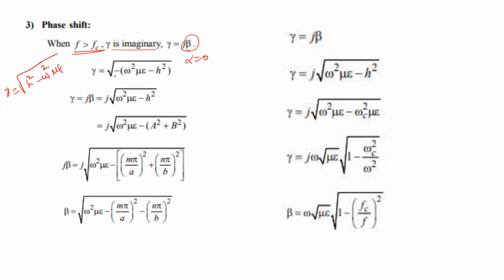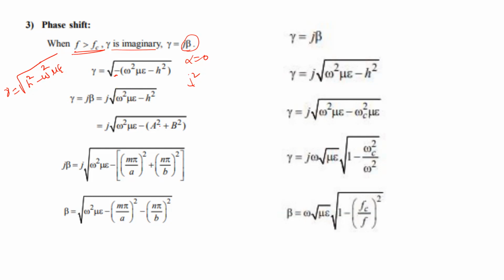Now this minus sign can be considered as j square inside the square root. So instead of this minus, we can write j square and take this j outside the square root. So the value will be j root of omega square mu epsilon minus h square.